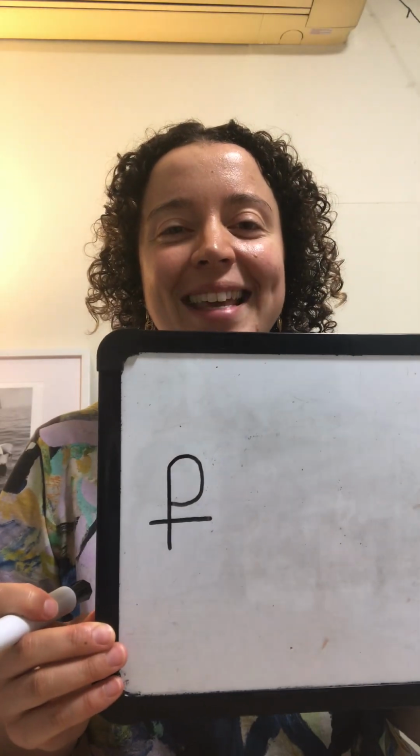So we said the first sound was a P, and we're going to use the letter P to make our P sound. And I'm going to put a nice little underline. So we've got P. Our next sound is, what is it again? Park. P, ah, that's right.